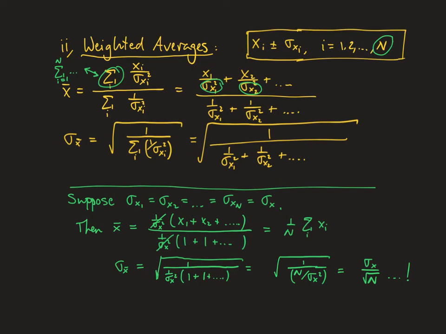You get the regular average, sure, but your uncertainty in the average actually gets smaller because you're averaging values. You're expecting that when you average them, somehow the uncertainty ought to get a little smaller, and that's exactly what happens. It falls kind of slowly though. If you do 100 measurements, then your uncertainty in the average falls by a factor of 10. It only falls like the square root of the number of measurements.